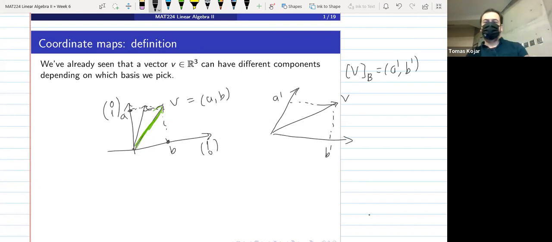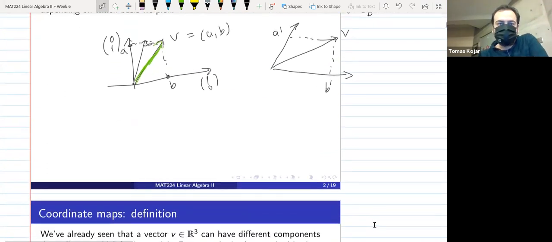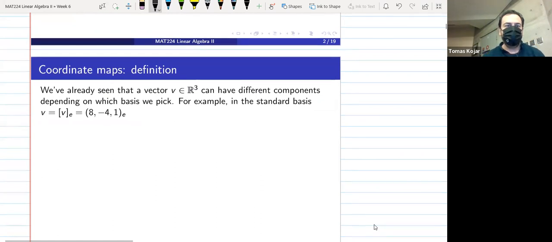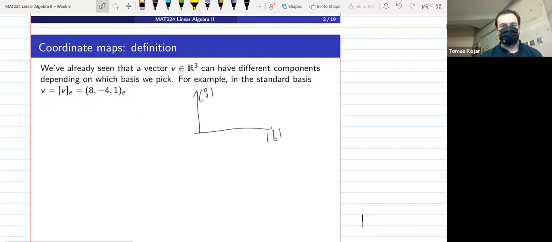Okay. All right, so questions? All right. So that's the idea. And when we write little e, we mean V in the Cartesian basis, 0, 1, 1, 0. And you have this vector, 8, minus 4, 1.